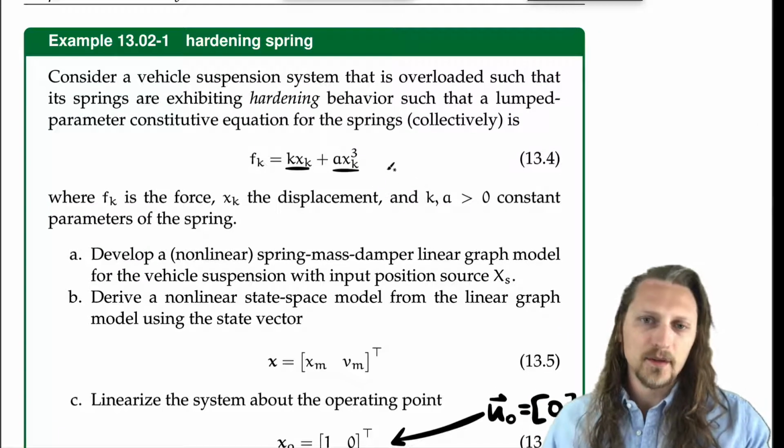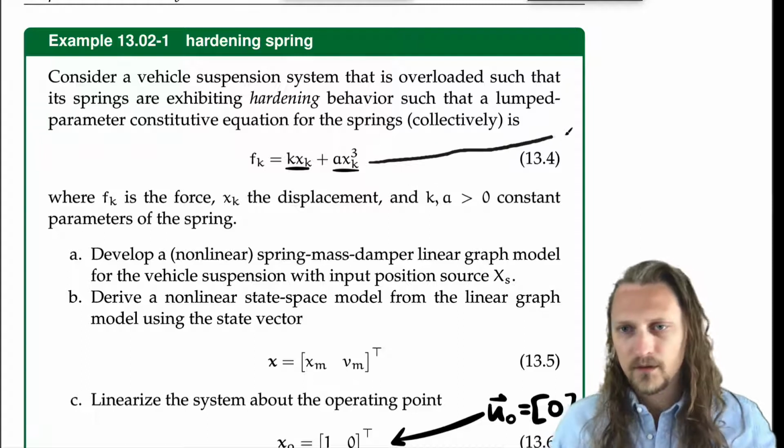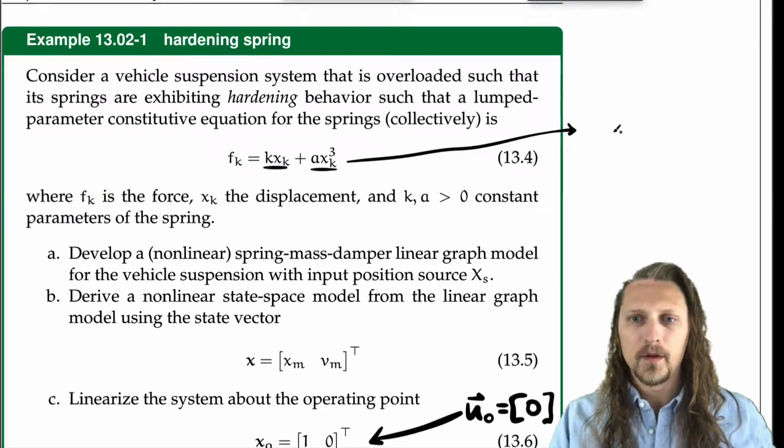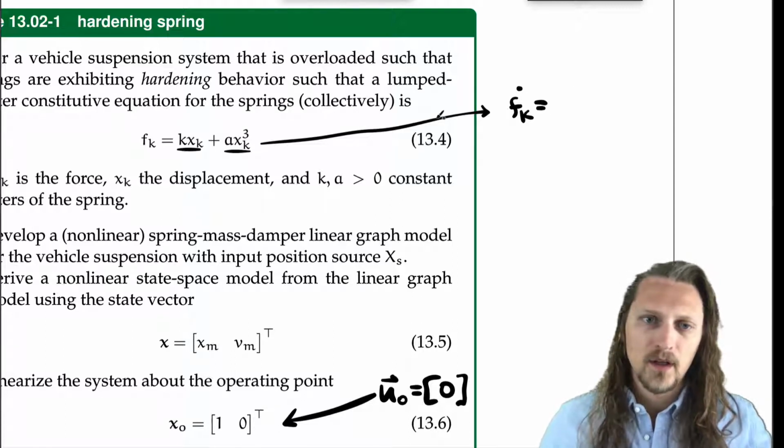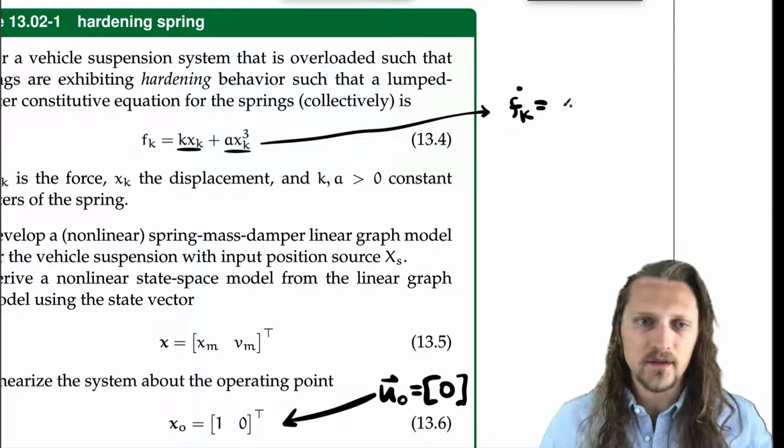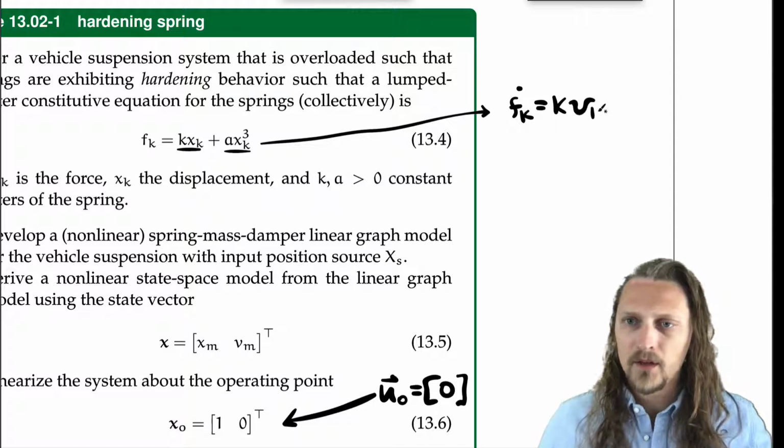So if we took the time derivative of this, we would get Fk dot equals K Xk dot, which is just Vk, right? The velocity across the spring. So K Vk. So far, so good.